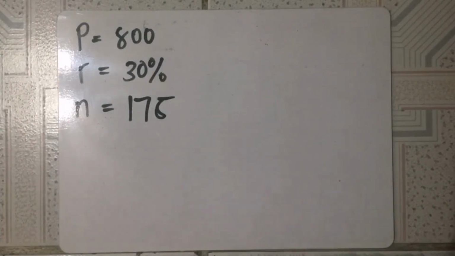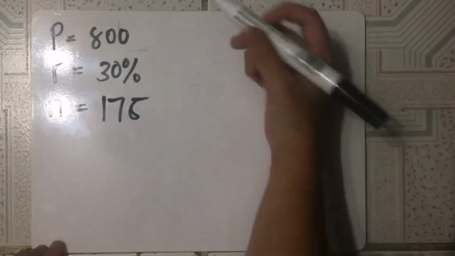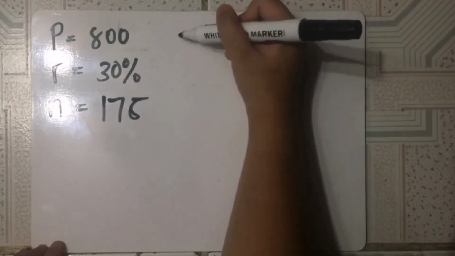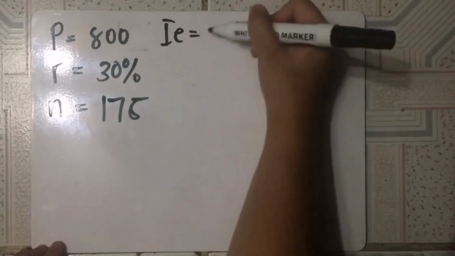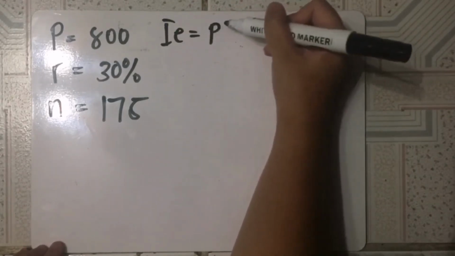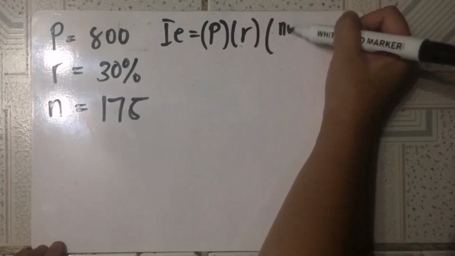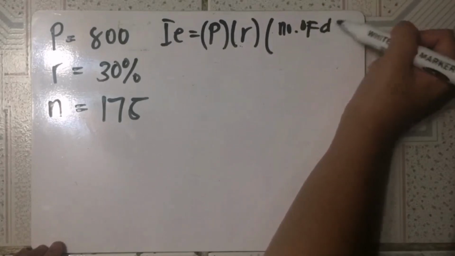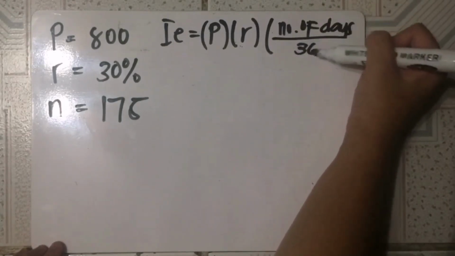So, we will apply it in the formula. So, exact interest is equal to principal times rate times number of days over 365.